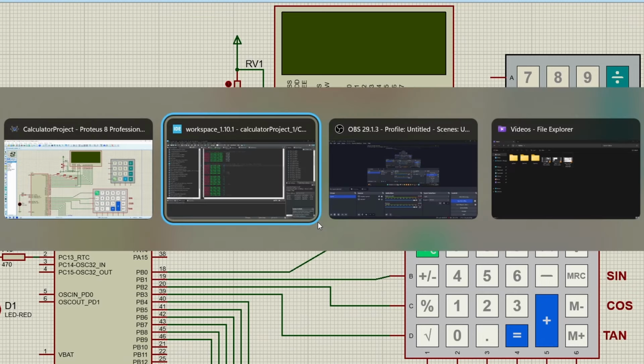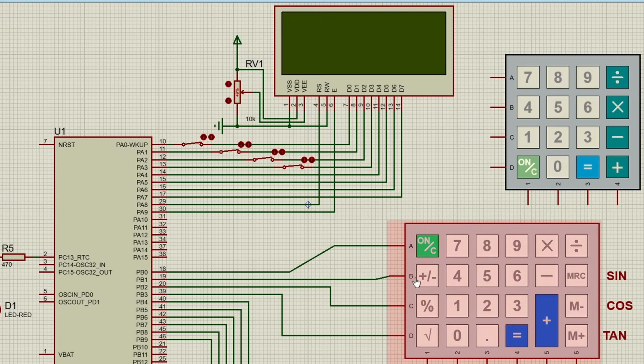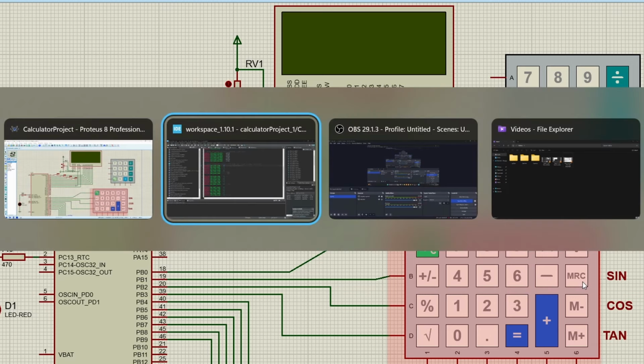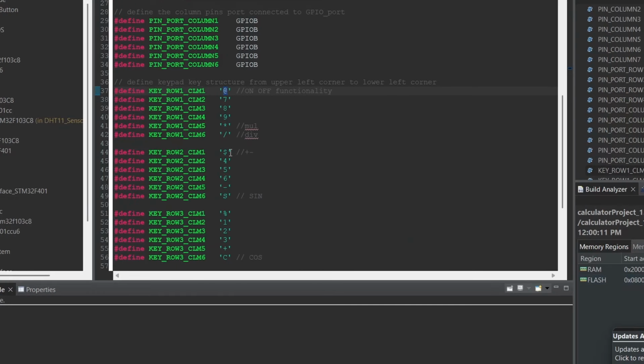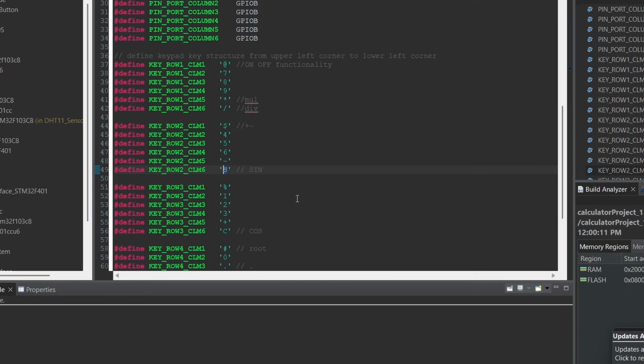Now for row 2 we have 4, 5, 6, minus and sine. The plus minus sign functionality we have implemented using the $ key, and for trigonometry sine we have s as a character key.